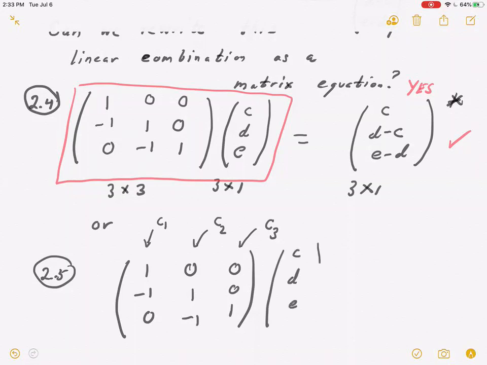In this example, they were U, V, and W respectively. I get a new matrix on the right-hand side, what I've called star, where C, D minus C, and E minus D are its matrix elements.